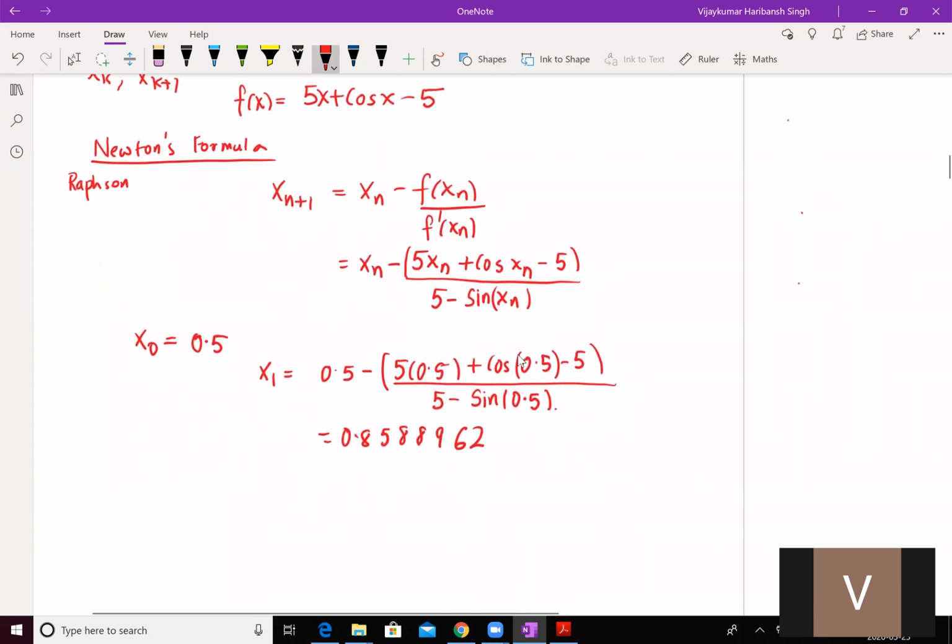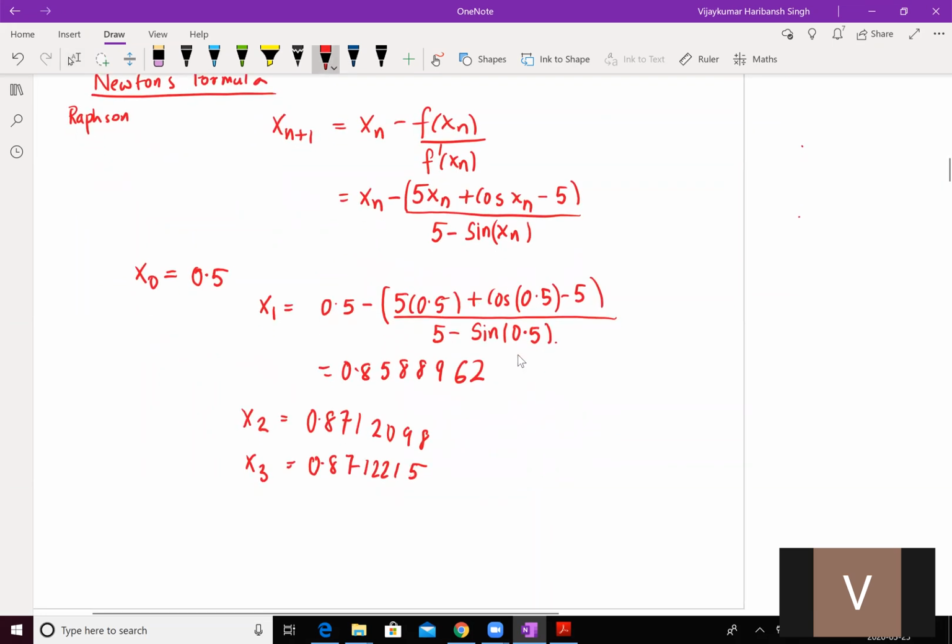Then you use this to compute x2. Your x2 turns out to be 0.8712098223. And then you can look at your x3, which is going to be 0.8712211. I'm listing only 7 decimal places because I want accuracy up to 6 decimal places.